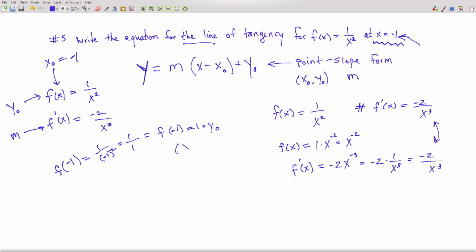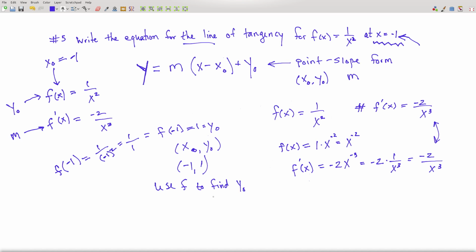In other words, the point we have to work with has x sub 0 equal to -1, and when you plug in a -1, you get 1. There's the point. So as a quick summary, use f to find the y-coordinate.